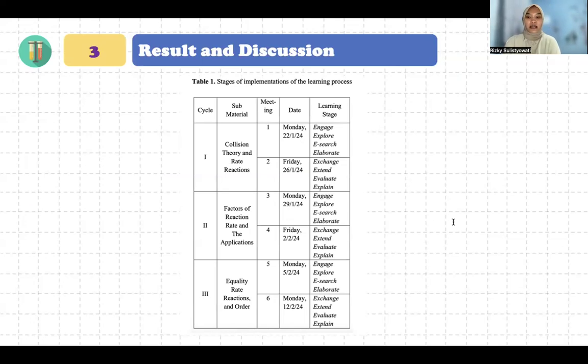Also, the teachers as researchers analyze student cognitive structure using the flow map method in the 2-stage learning cycle, namely the stages of elaborate and explain. Next, the cognitive structure analysis with the flow map method is done by paying attention to the 6 cognitive structure variables based on Psi and Zo.